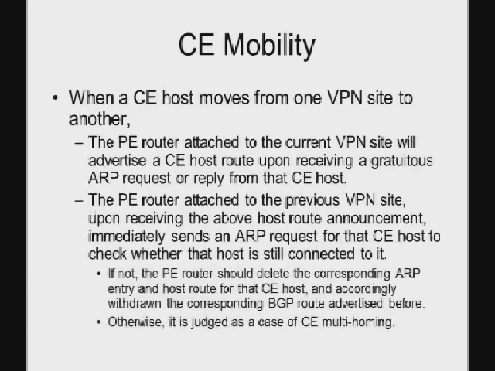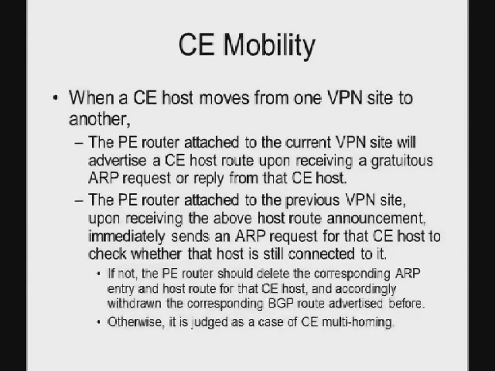When a C host, for example, a VM, moves from one VPN site to another, the P router attached to the new VPN site will advertise the host route for that C host when receiving a gratuitous ARP message from that C host.